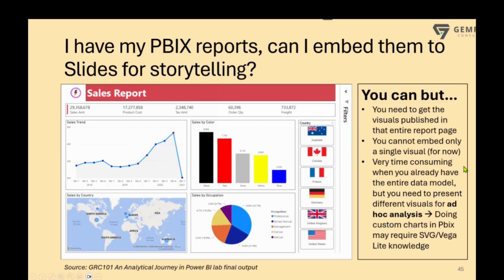Okay, it is also very time consuming when you already have your entire data model and you need to do an ad hoc analysis. Imagine this, that you need to go back into your Power BI file. Sometimes this Power BI does not have whatever you need, so you need to go back to the kitchen. I call it the kitchen, which is your Power Query. Redo certain models just to add more layers into your semantic model, and then publish it again.